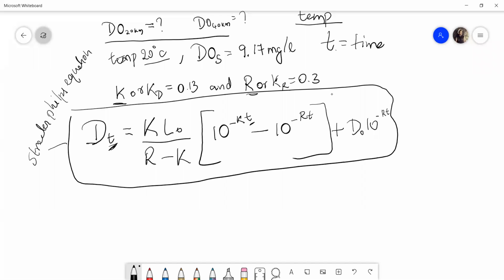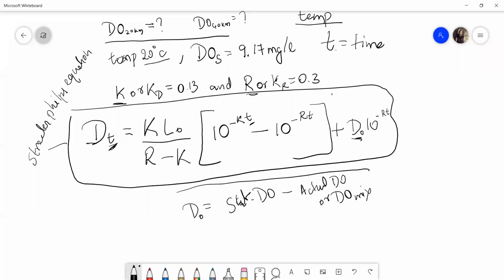Then to find D naught, that is initial oxygen deficit, D naught is equal to saturation DO minus DO mix or actual DO. Both are the same.